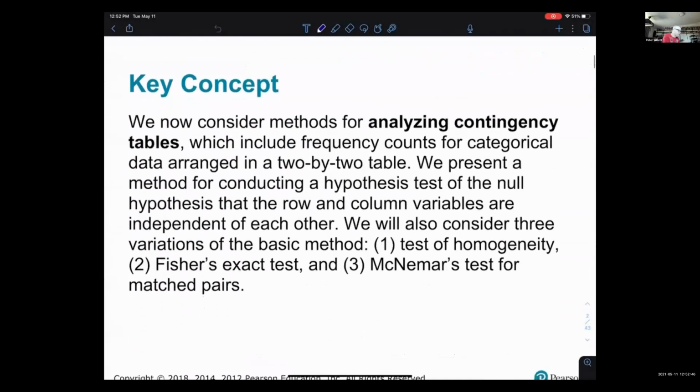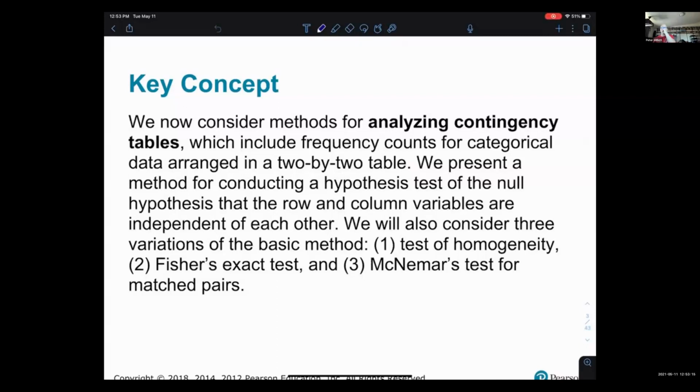So key concept. We now consider methods for analyzing contingency tables, which include frequency counts for categorical data arranged in a 2x2 table. We present a method for conducting a hypothesis test of the null hypothesis that the row and column variables are independent of each other.